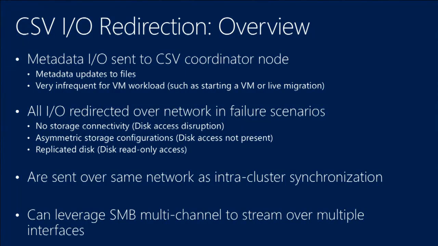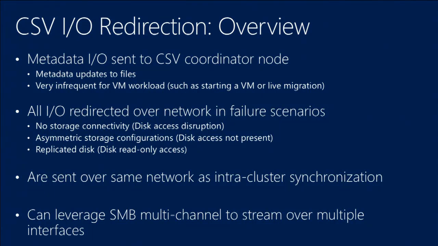And so for the metadata I/O, again, the bandwidth is not important, but it has to have a good quality of service so that it can open files faster. But what happens when a node loses the disk connectivity, or it simply doesn't have the disk connectivity? In that case, all the I/O of that volume is sent over the network to the CSV owner.